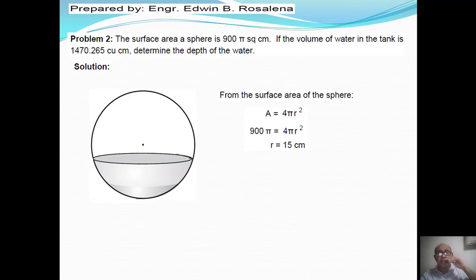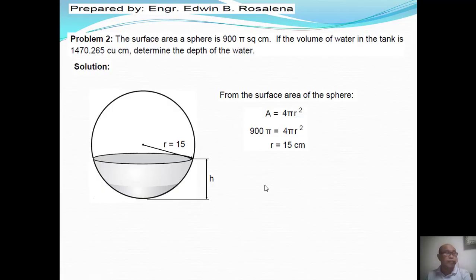Can you observe that? So the water takes the form of the solid called a spherical segment with one base. So the question: find the height or the depth of water. Radius r equal to 15, and the requirement is the height of the water.